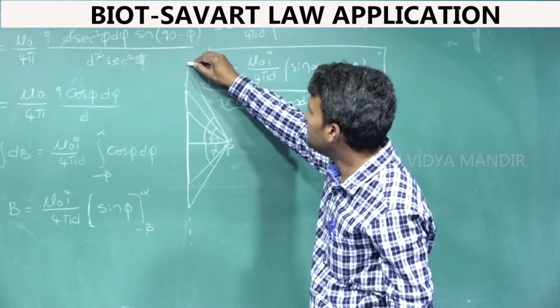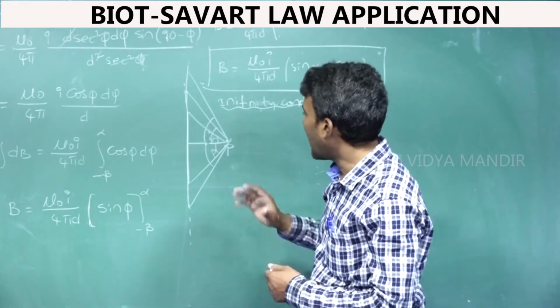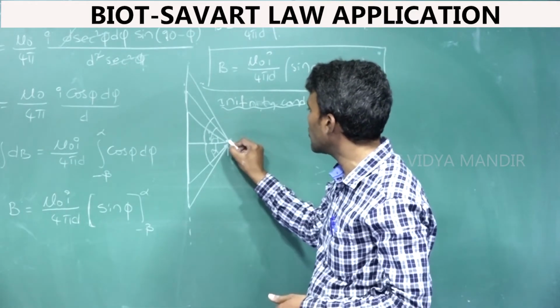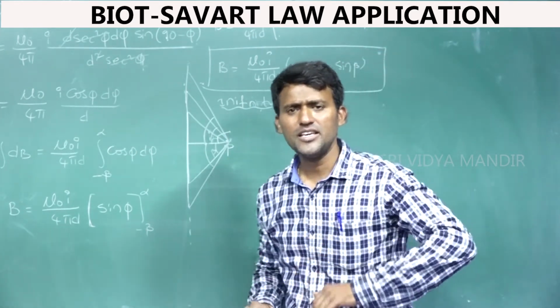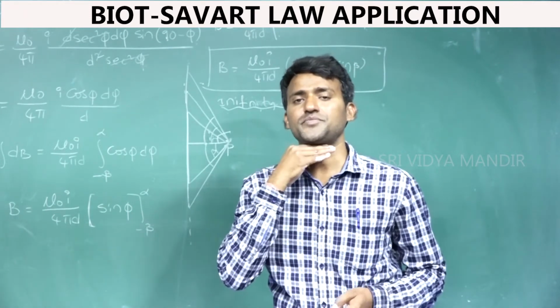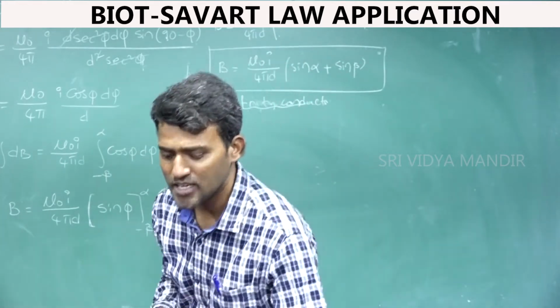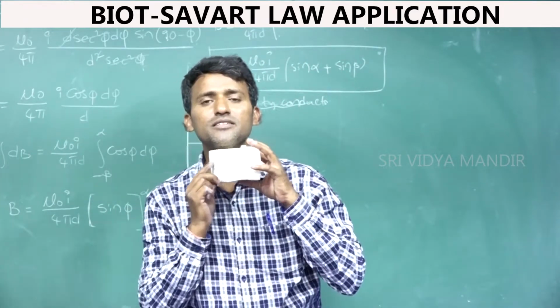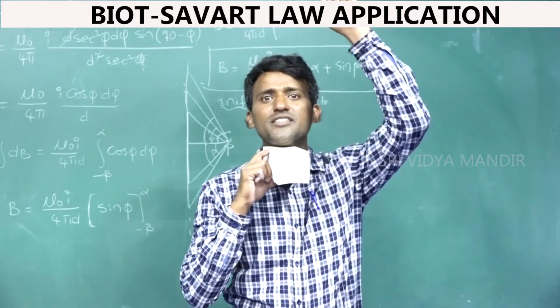For example, if the point is on the sky, the angle is nearly equal to 90 degrees. An easy explanation I will give you here. For your understanding, I am taking a duster, and this is the horizontal position, 0. Now the point is on the sky.